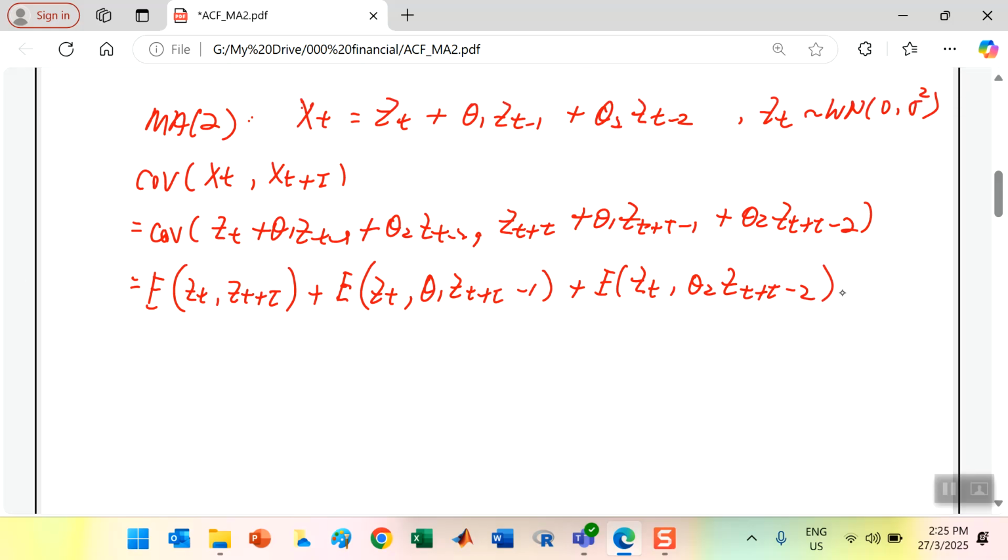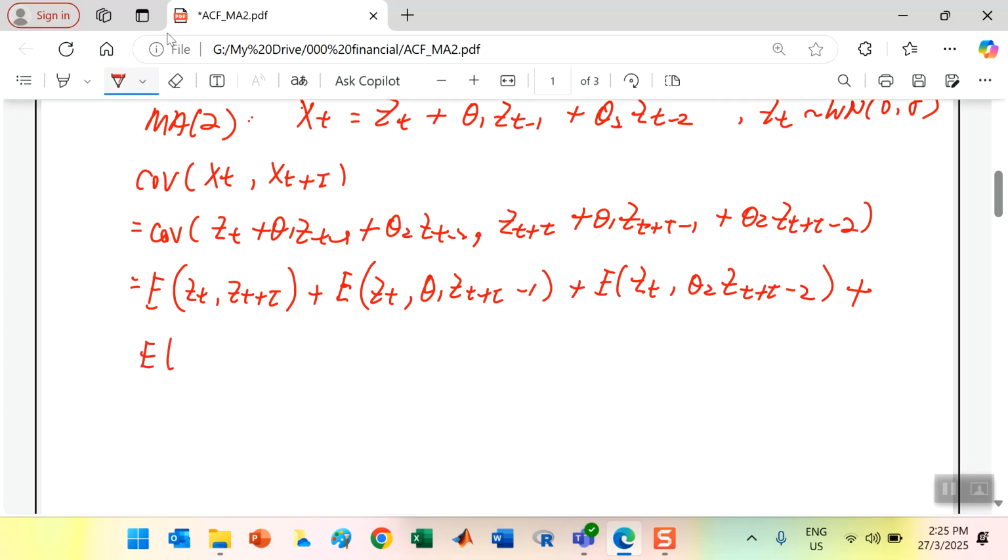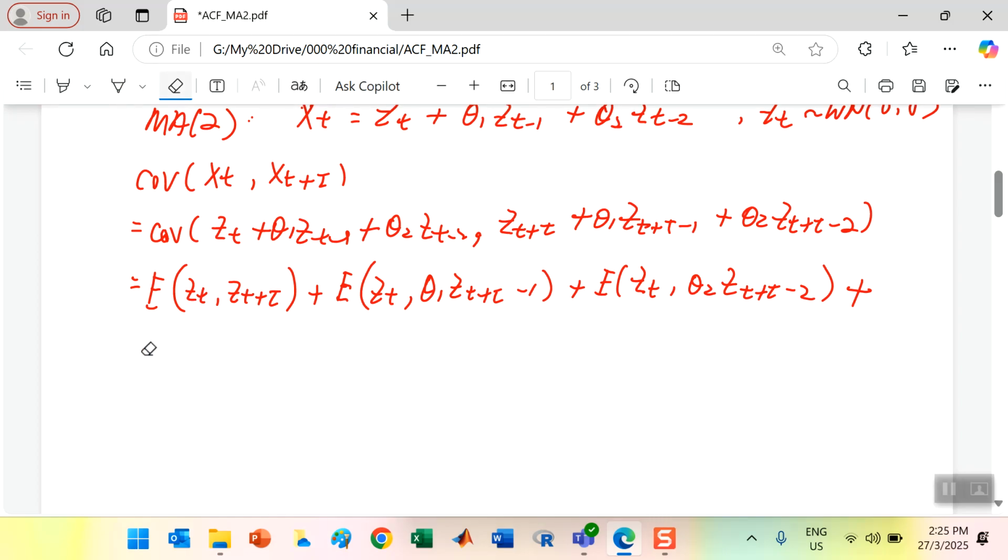Then the next terms, the rest of it: another 3 terms. We can just take out theta 1 first, straightforward.